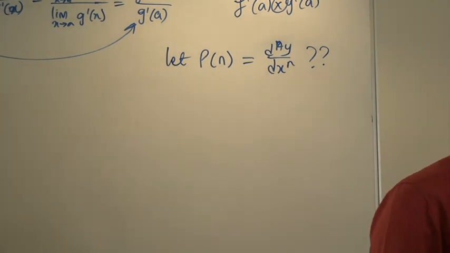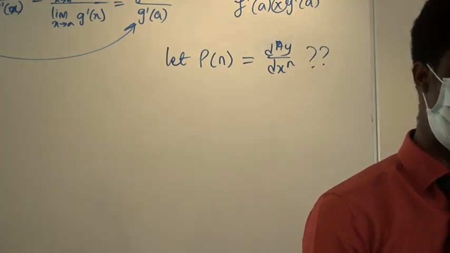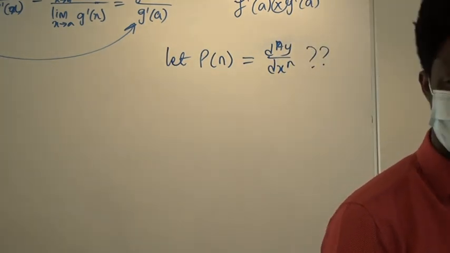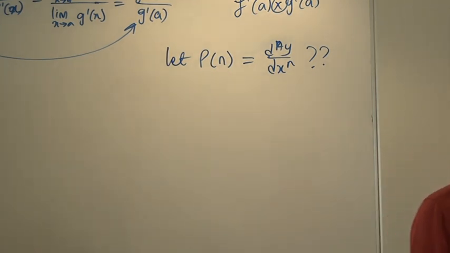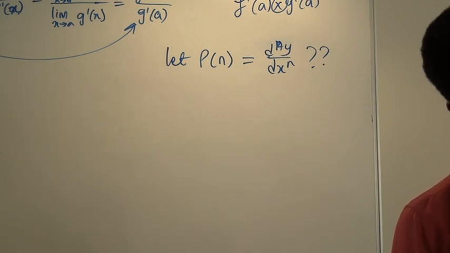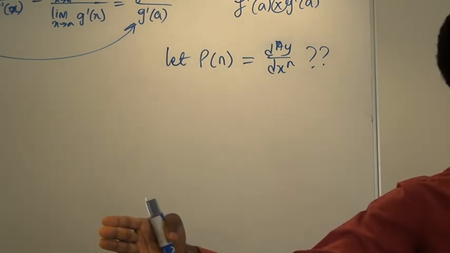Just like saying P1 is the statement that the first derivative is this. It's a statement. The statement is not just the left side. A statement is like, oh, the boy in question is Ethan. That's the statement. The statement is not, oh, the boy in question. Understand that? When we're talking about the statement, you're talking about everything that needs to be proved.